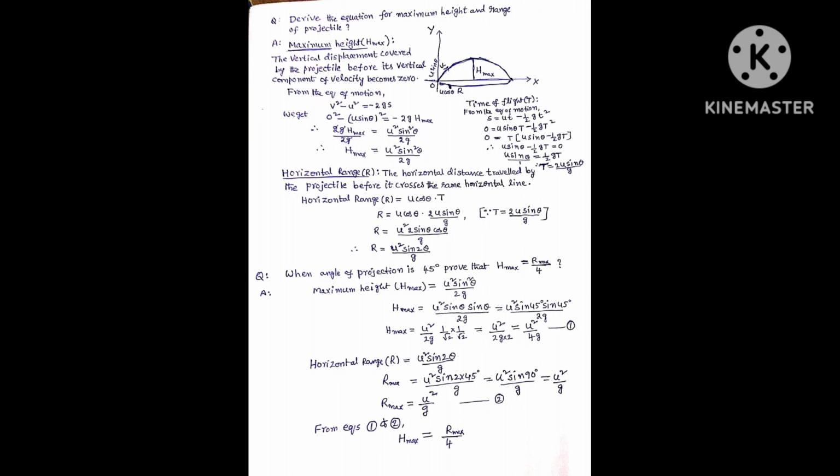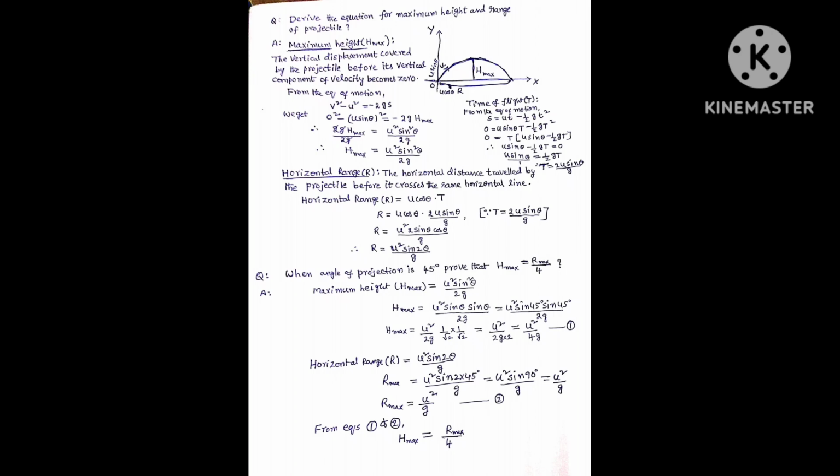From the equation of motion, v square minus u square equal to minus 2gs. When we substitute 0 in the place of v, u sin theta in the place of u, and h maximum in the place of s, we get 0 square minus (u sin theta) whole square equal to minus 2g h maximum.